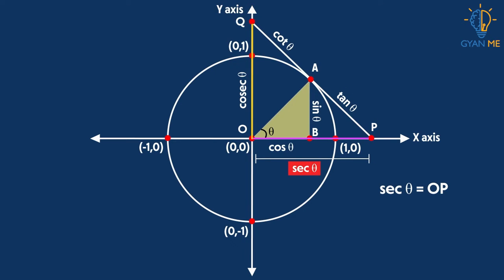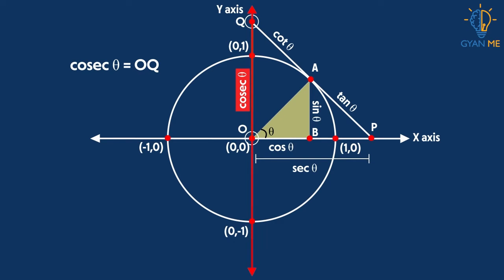Now again, sec theta is the distance between this point and O on the secant, which is the x-axis itself. And cosec theta is the distance between points Q and O but on the y-axis, that is, on the y-secant.